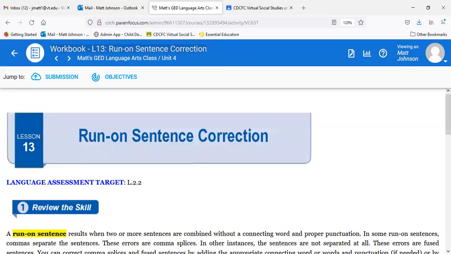All right, and this is stuff that honestly I like to review. Like I mentioned, I like this unit with mechanics and grammar because I'm writing my dissertation and stuff, and reviewing this is great help for me. And I always start thinking about when I get to these types of lessons, like, oh man, I better go check and see if I got any run-on sentences in my dissertation.